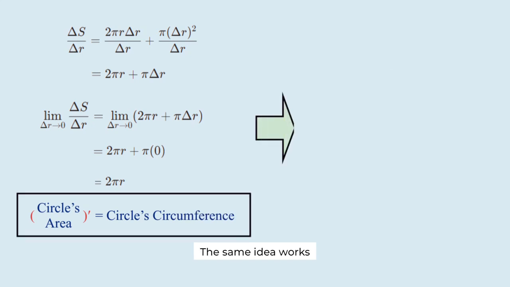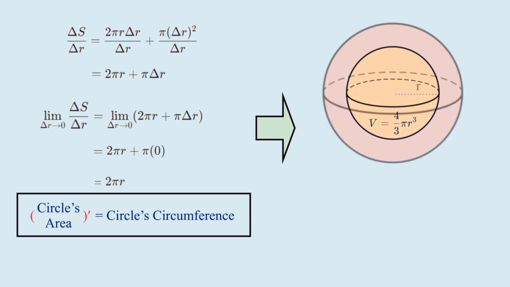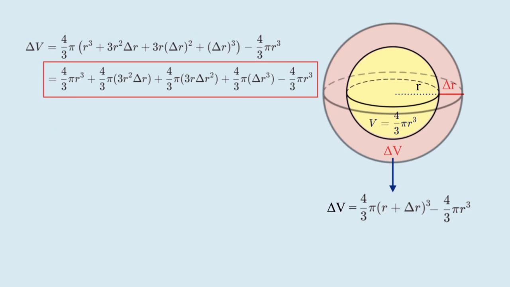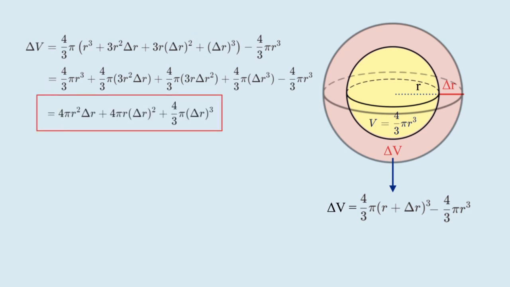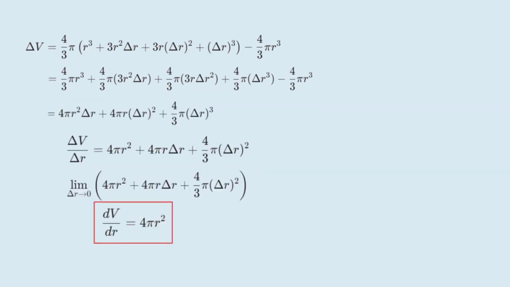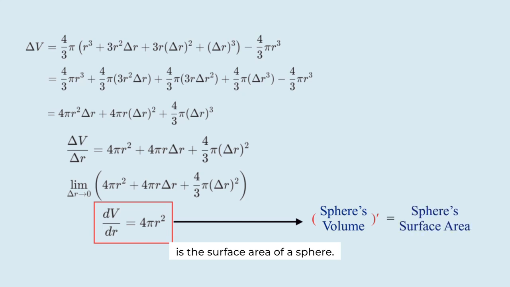The same idea works in 3 dimensions. The derivative of a sphere's volume is the surface area of a sphere.